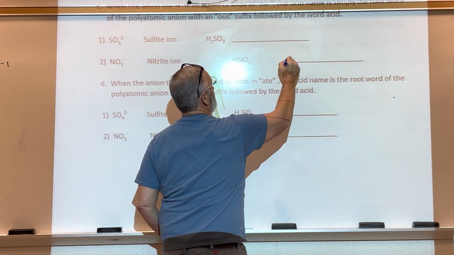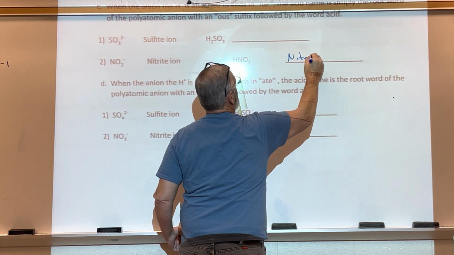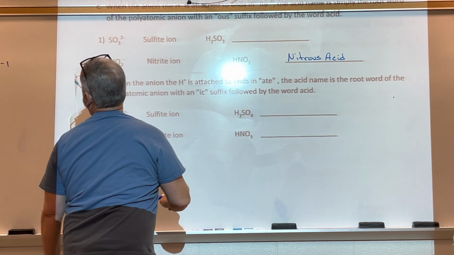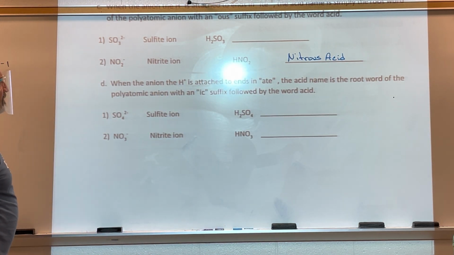Nitrous acid. Oh, that's NOS, isn't it? No, NOS, I think, is the same as laughing gas, which is just N2O. It's not an acid.